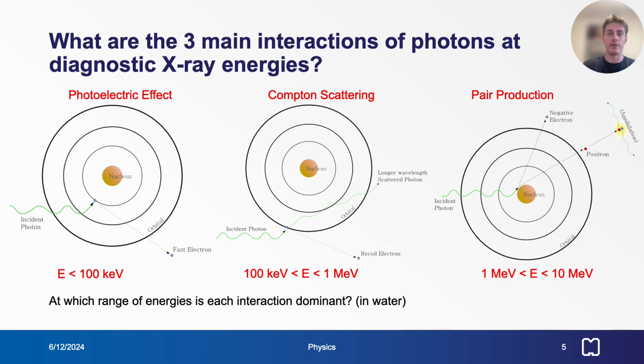And at energies between 100 kiloelectron volts and 1 megaelectron volt, the Compton scattering interaction dominates. It's important to note that the cross-sections of these interactions, which is related to the probability of an interaction happening, depends on the atomic number of the material that the radiation is traversing through. So this holds true in water.